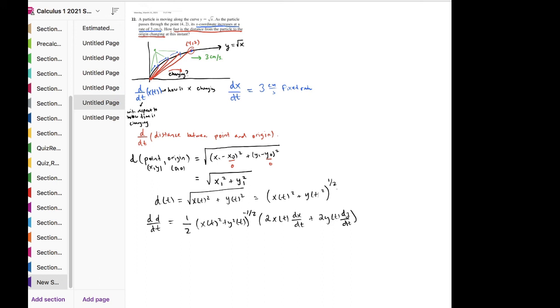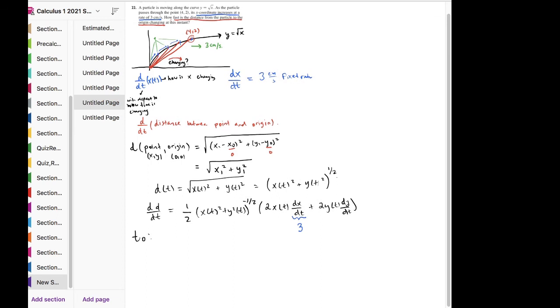If you want to go right to t naught, that's also, yeah, x of dx dt, in a different color, is 3, because we were given that. Okay, anything else? How about at t naught? Do we know anything at t naught?